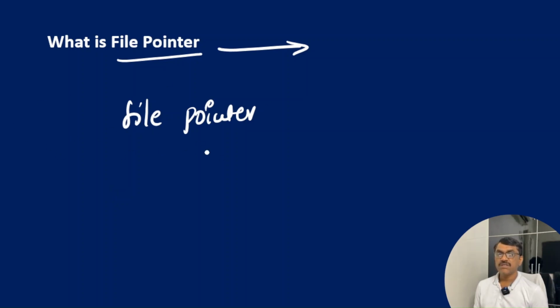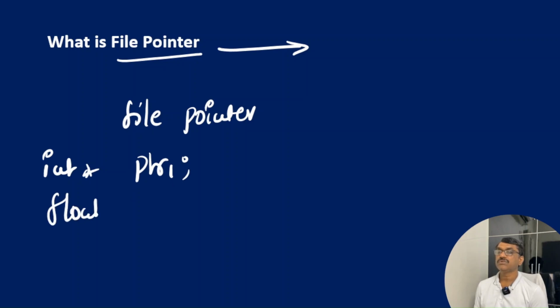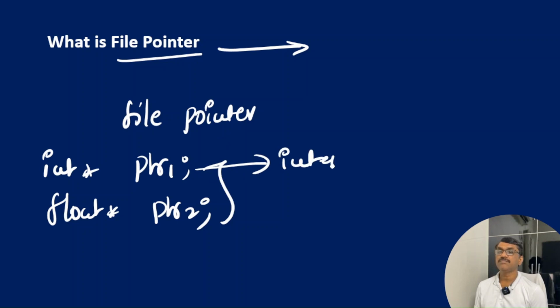As we discussed in the previous classes, for example, here we are taking int *ptr1, and float *ptr2. Here ptr1 and ptr2 are the pointers. So ptr1 is a pointer to integer type, and ptr2 is a pointer to float type data.